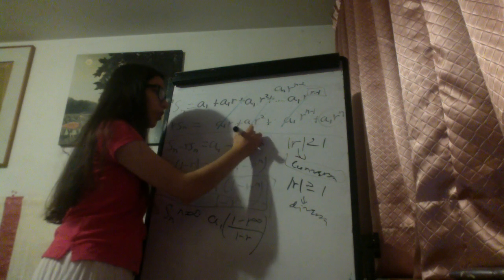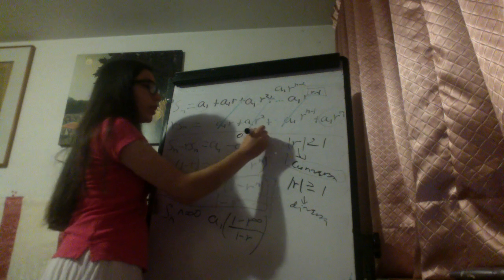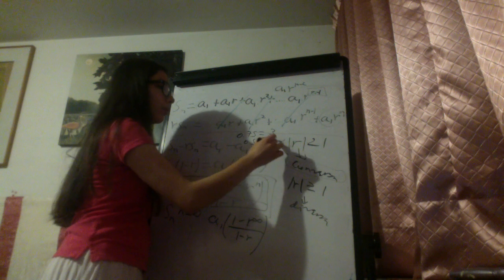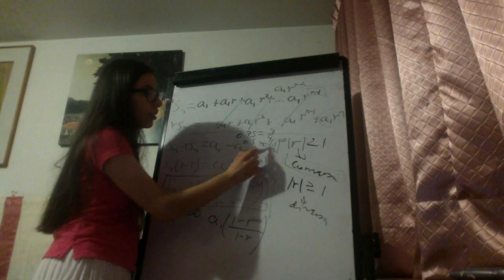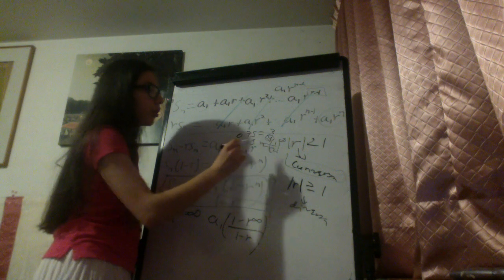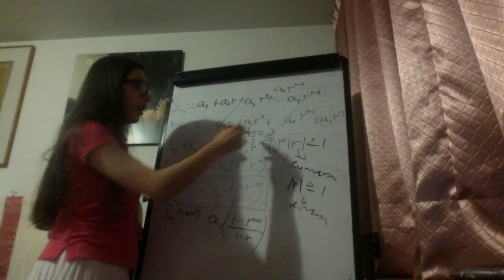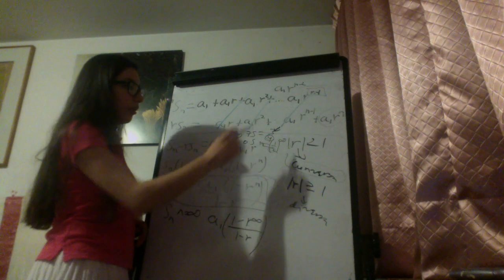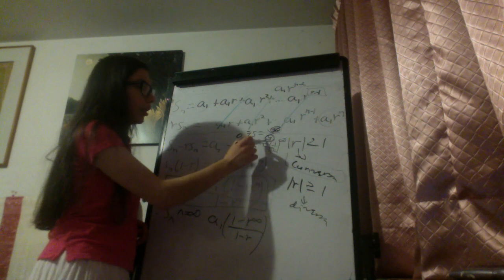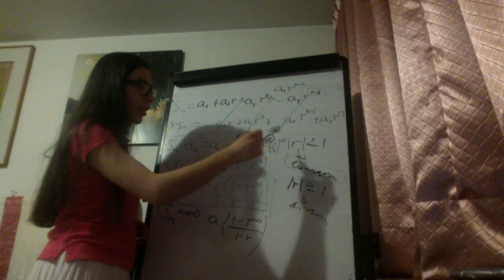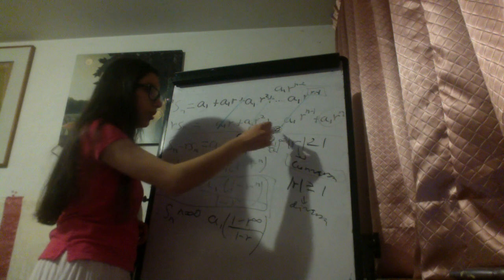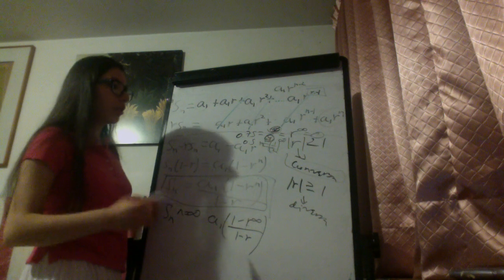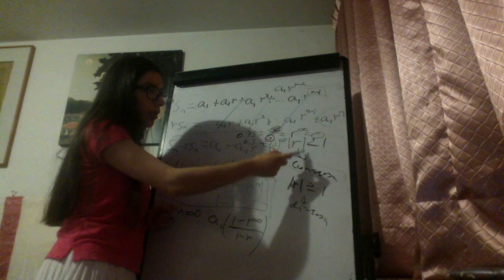Let's say it is 0.75 or 0.5, which we can write as 3/4, 1/2, etc. When we raise this 1/2 to infinity, the denominator always grows more rapidly than the numerator. So if we take the limit at infinity, the numerator is going to be less than the denominator, and the denominator is approaching infinity faster, and so this r to the infinity approaches 0. That is only when the absolute value of r is less than 1.